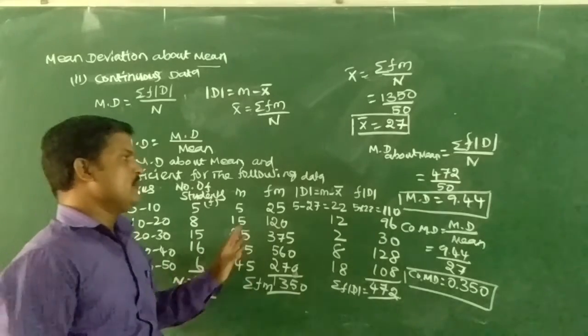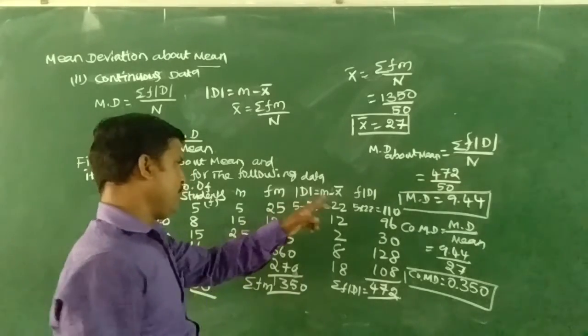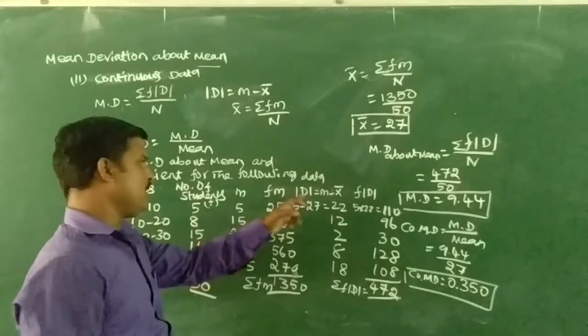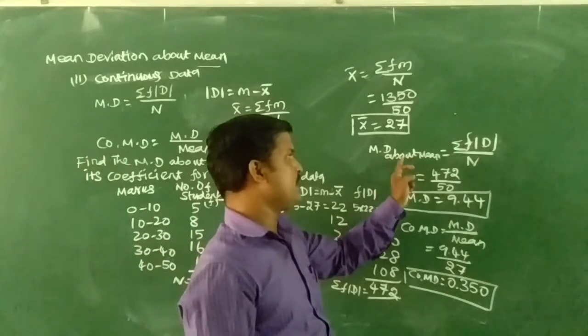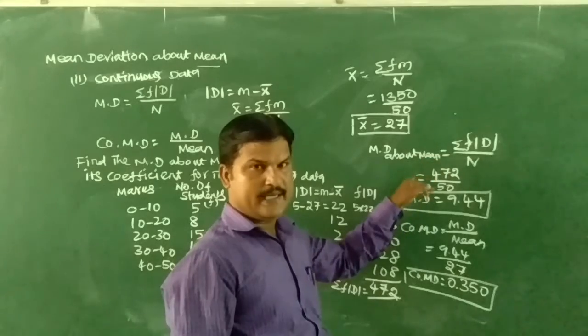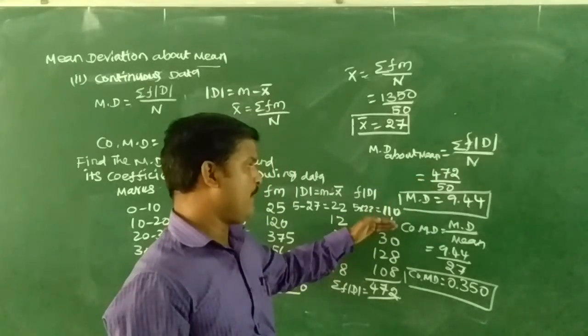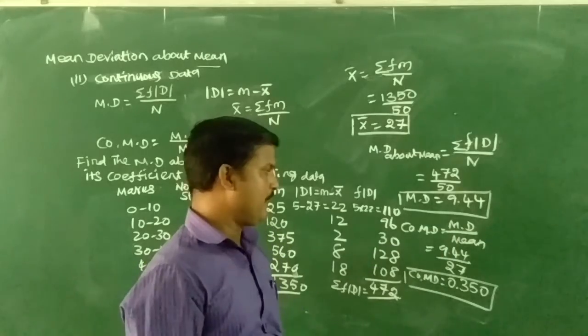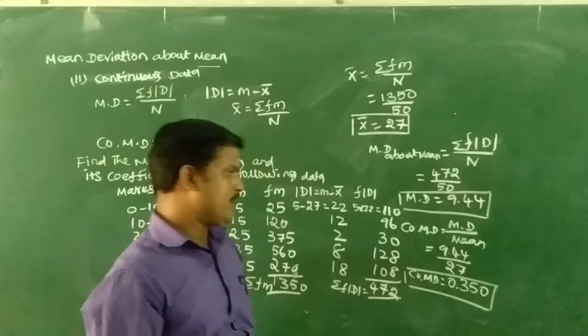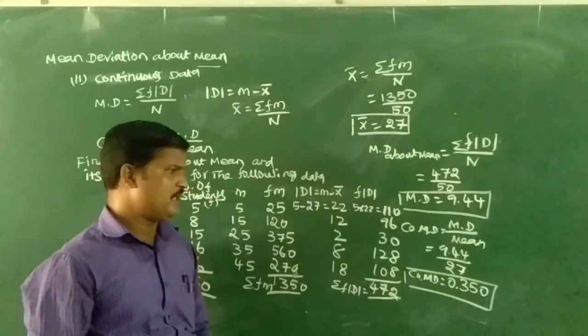Next you multiply f into modulus of d and add the values. Next you apply the mean deviation about mean formula and you will get the mean deviation. Next you apply the coefficient of mean deviation formula, mean deviation divided by mean, and you will get the coefficient of mean deviation value.